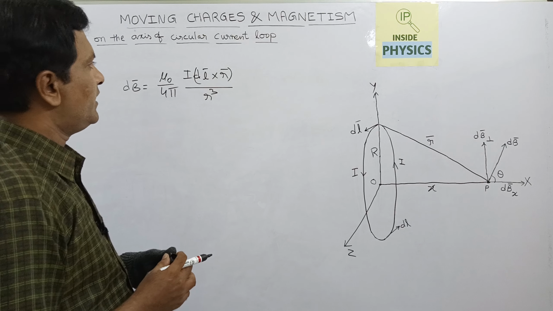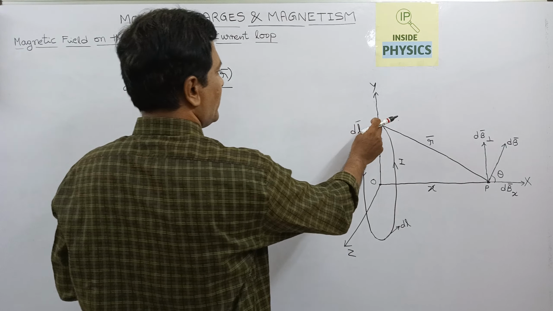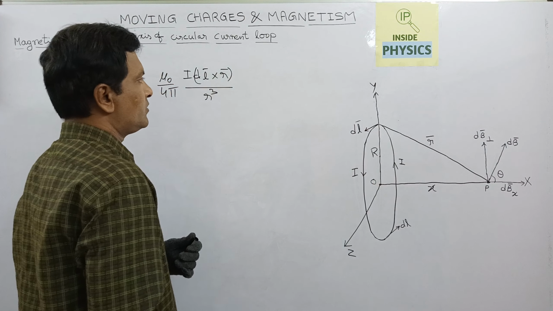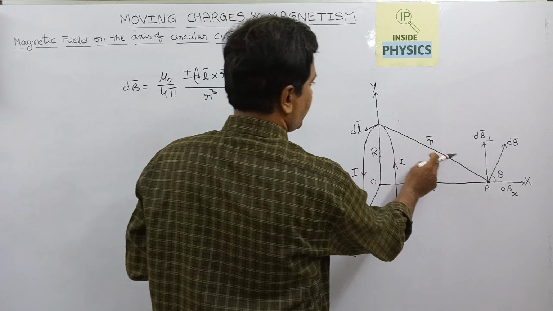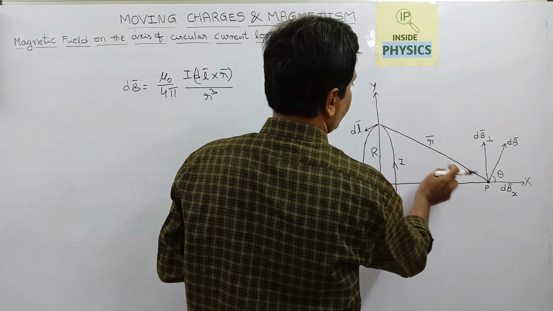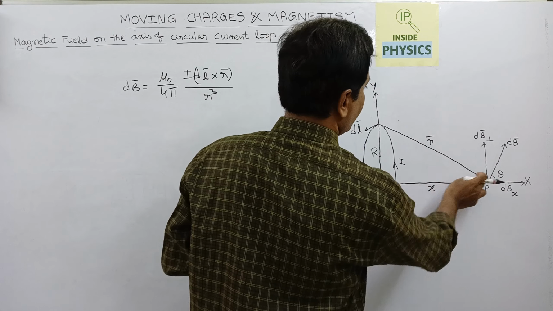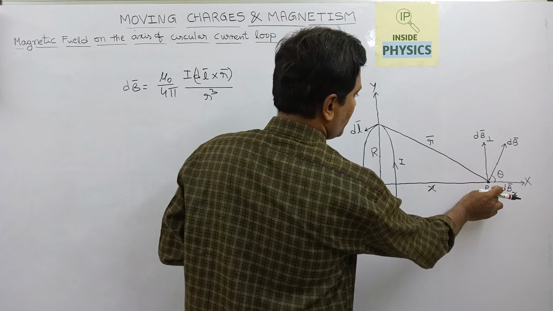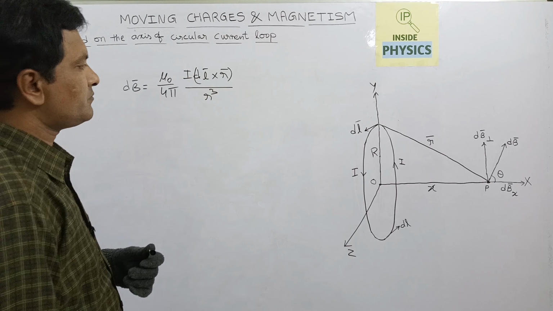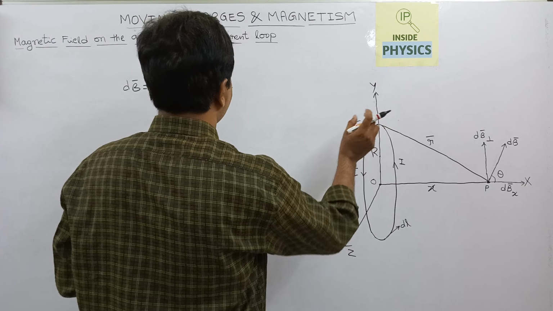Here dl bar is the length element vector through which a small current is passing, and r bar is the position vector. So r is the distance between the length element and this point on the axis, where we want to calculate the magnetic field due to this current element.